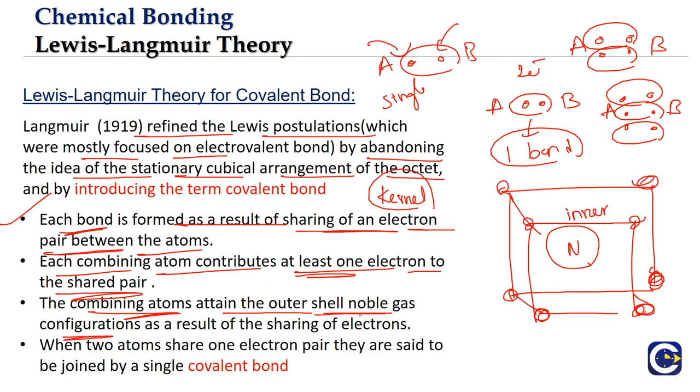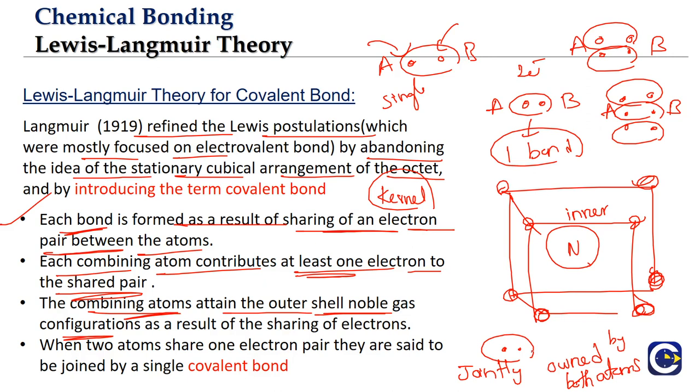When the sharing happens, the shared pair of electrons will be jointly owned. Owned means, in common language, that the electron pair will be owned by both atoms, which means when we are counting the valence shell electrons, the shared pair will be counted for both the atoms.